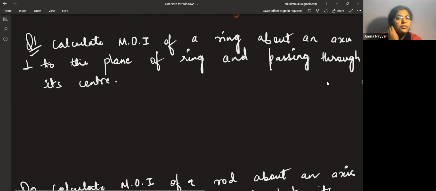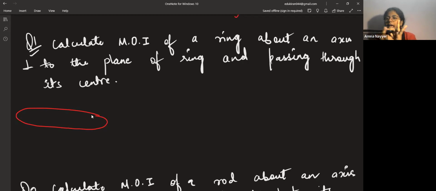Calculate the moment of inertia of a ring about an axis perpendicular to the plane of the ring and passing through its center. This is a ring. I have kept it like this in the X, Z plane. This was the X, Y plane.